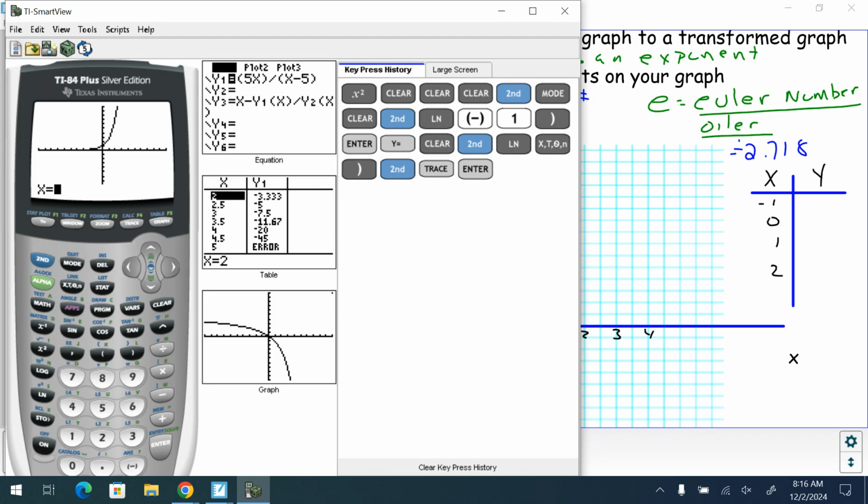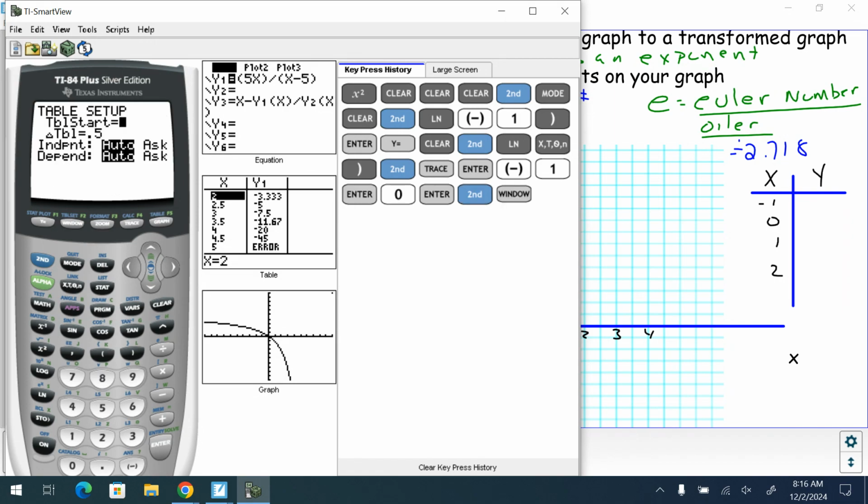Now I can type in -1 and then 0. Either way you can come up with your values, that is fine. Or if you want to do your table, I can start at -1. We can increment this out by 1s.